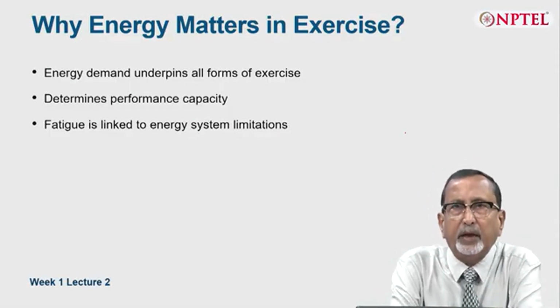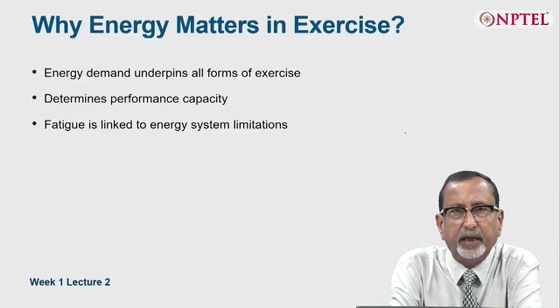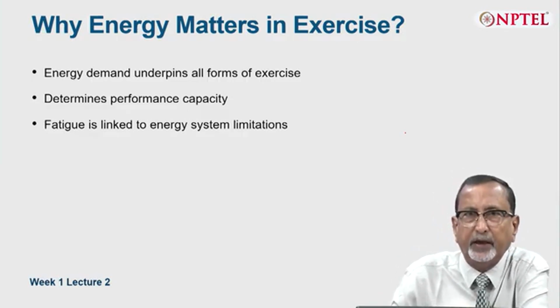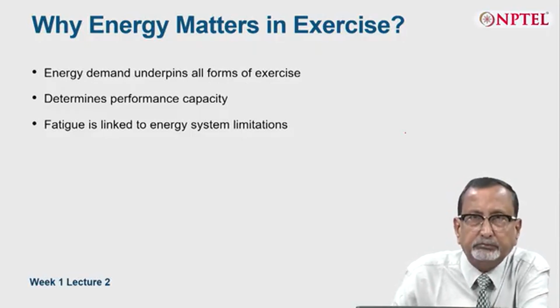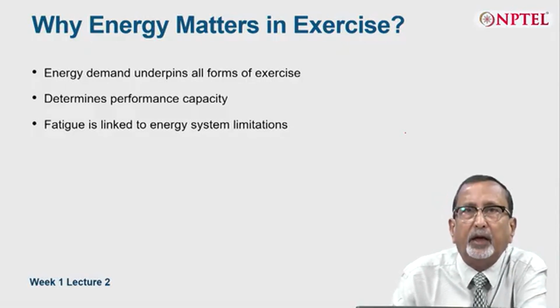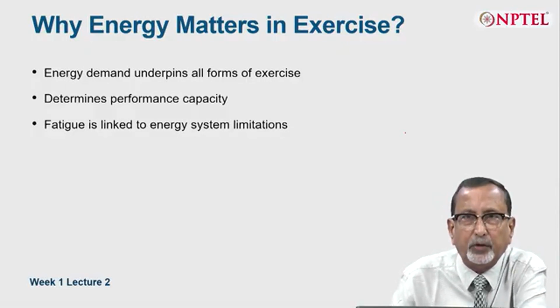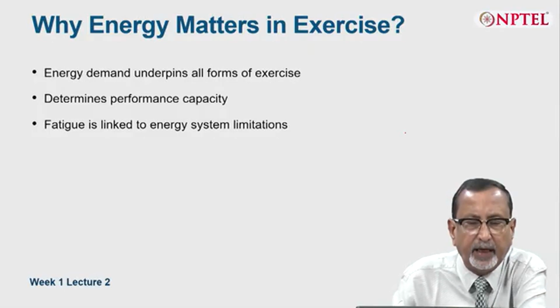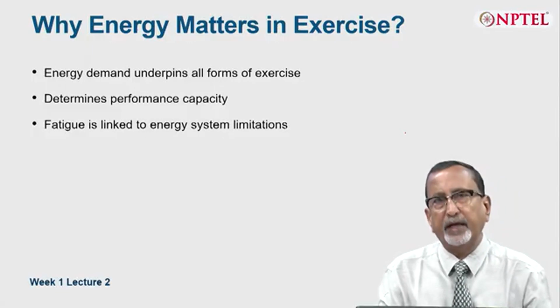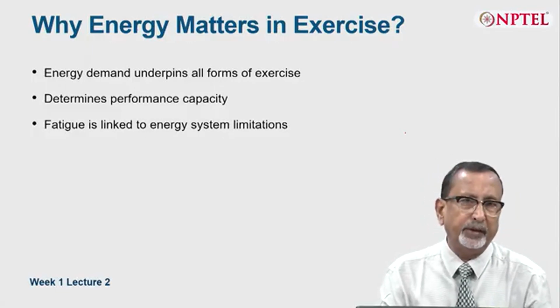When you are running out of energy, you can land up with fatigue. Of course, there are two types: central fatigue and peripheral fatigue. Peripheral fatigue is muscular fatigue, because ATP is required for muscle contraction. ATP binds to the myosin head, which causes actomyosin complex formation during the sliding filament theory.